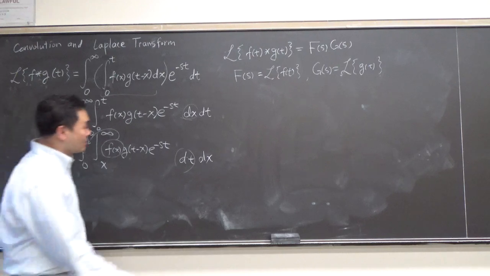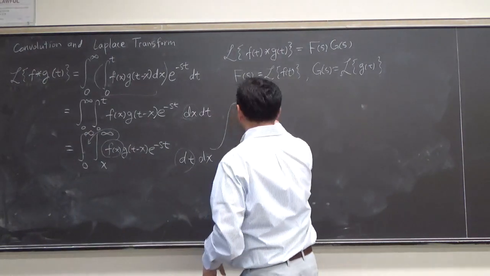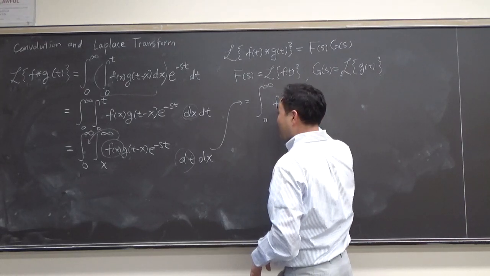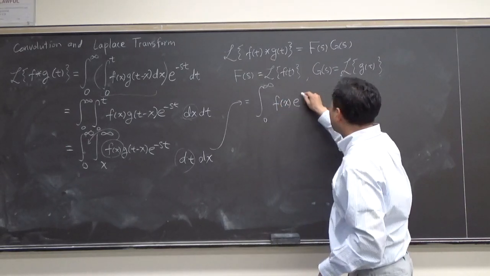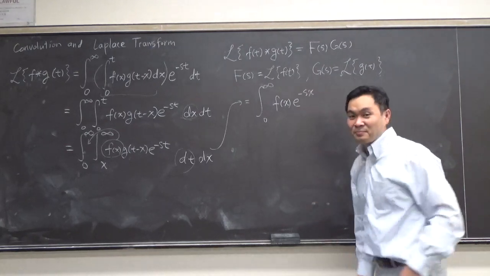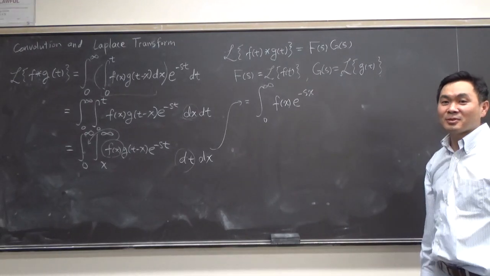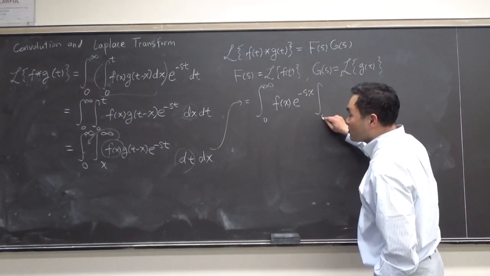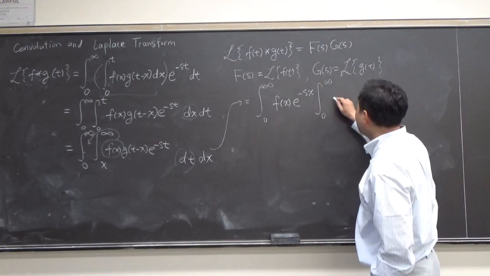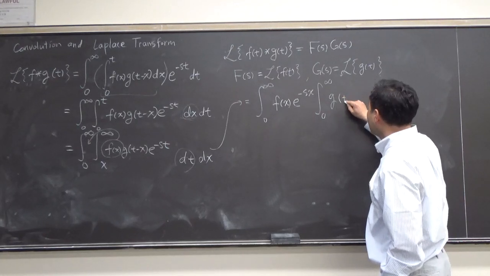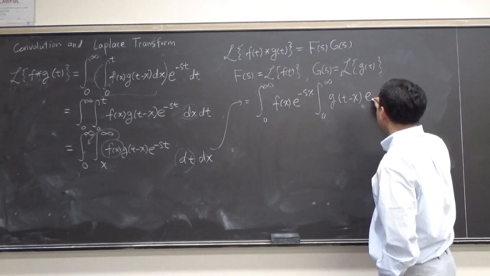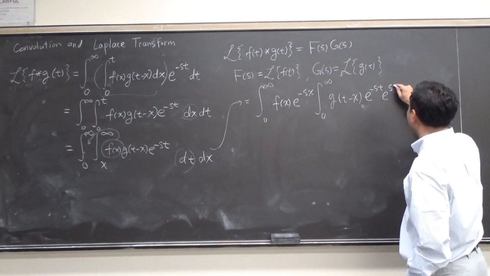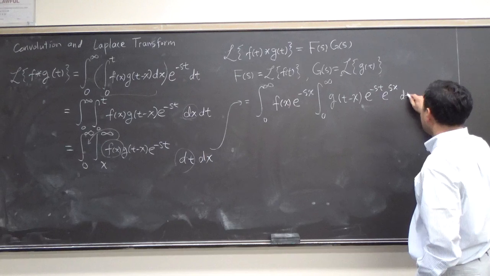So I rewrite this as the integral from 0 to infinity of f of x times e to the negative sx, integral from 0 to infinity, g of t minus x, e to the negative st, but I have to undo this, so I put e to the positive sx, dt dx.